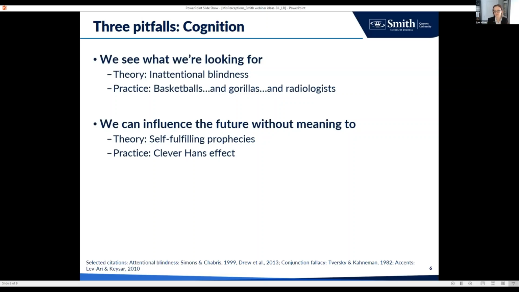That explains why he couldn't answer when he couldn't see the question asker or when the question asker didn't know the answer themselves, because then there's no way for them to give that cue. And the question asker was not intending to bias the results in any way. They were just curious about what was happening. We can change the future, even as we're in it, even as maybe we're not seeing what we should be seeing because we're not trying to pay attention to it, in ways that we can't even tell.